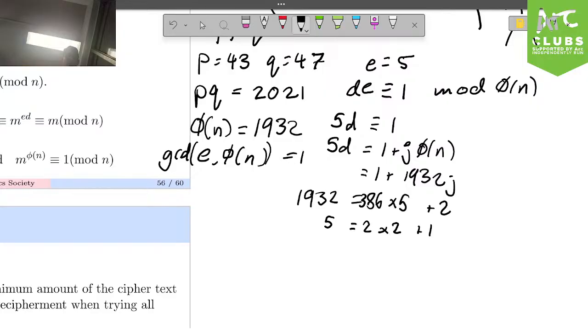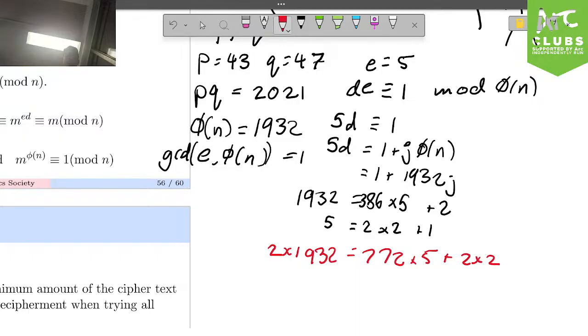And then we want to get rid of these 2's, because the 2's are not going to be in the equation that we want, so we're going to substitute them out. How are we going to substitute them out? We're going to multiply this equation by 2. So we're going to have 2 times 1932 is equal to 2 times 386, which turns out to be 772, times 5 plus 2 times 2.